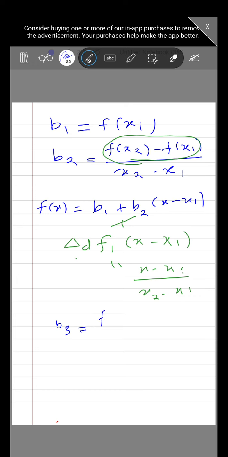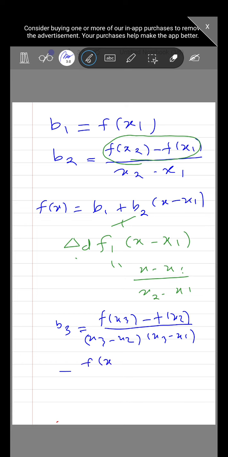First, it was f(x3) minus f(x2) divided by x3 minus x2, into x3 minus x1, minus f(x2) minus f(x1) divided by x2 minus x1, into x3 minus x1.